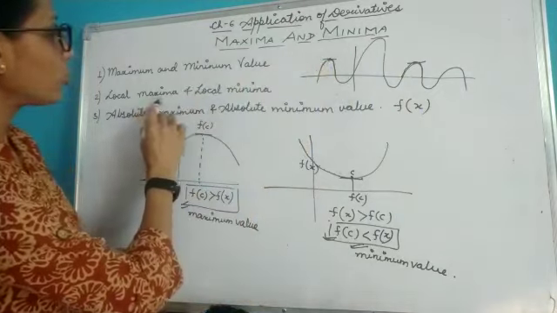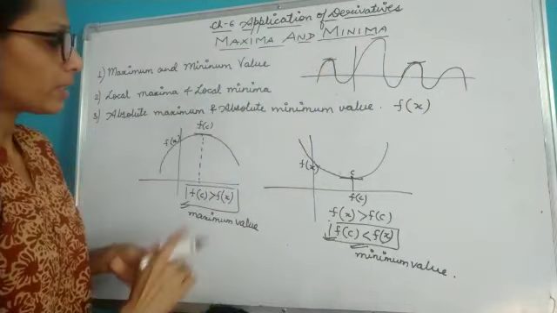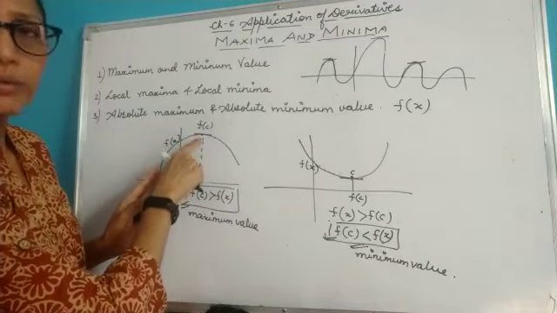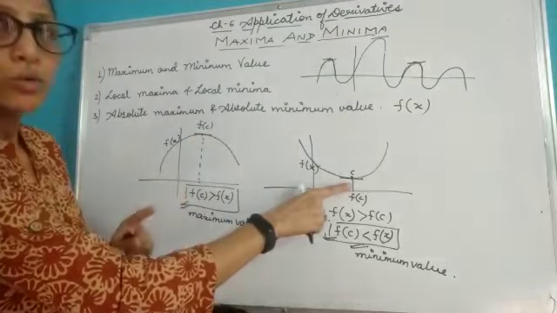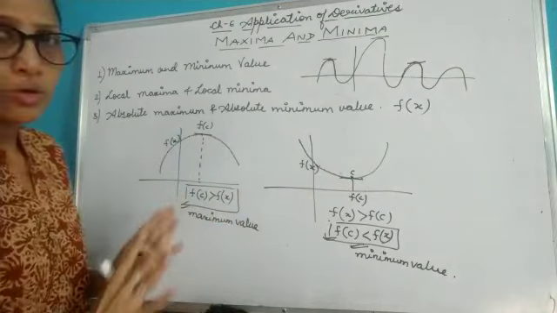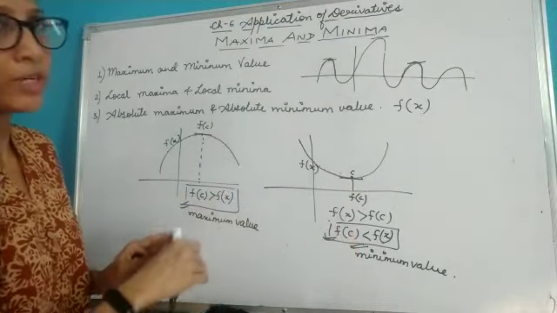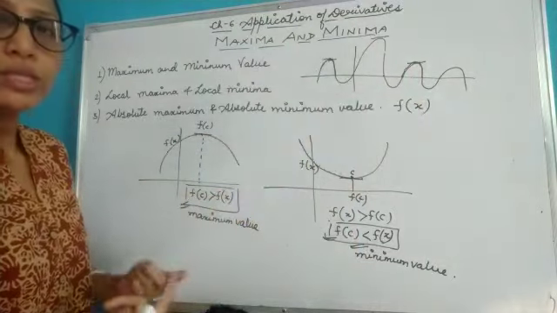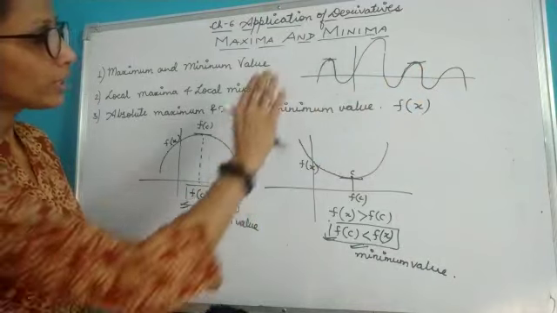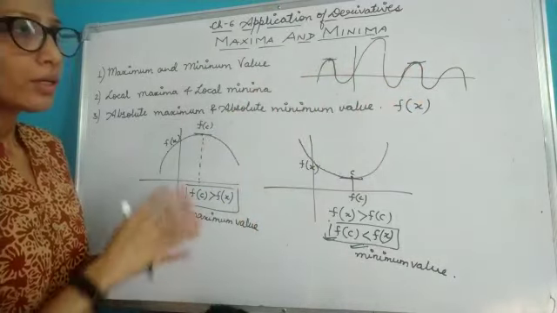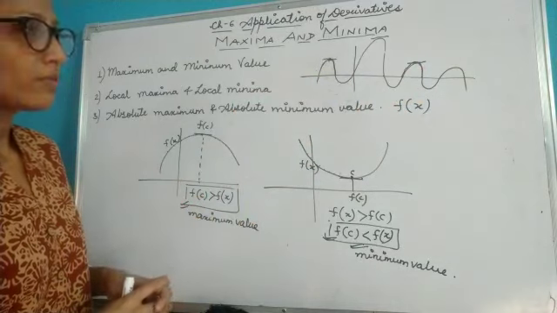That's why this is known as local maxima and local minima. In the earlier curve I was getting only one maximum value and only one minimum value, so I just called them maximum value and minimum value. But here I am having more than one maximum and minimum value. That's why these are known as local maxima and local minima values.